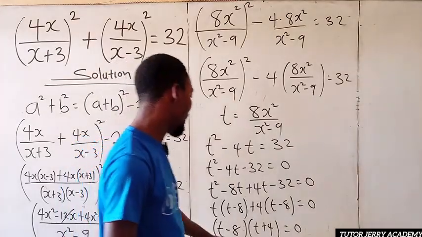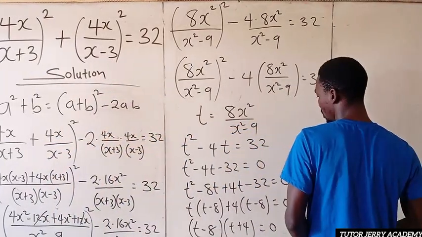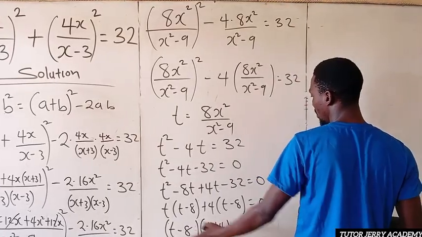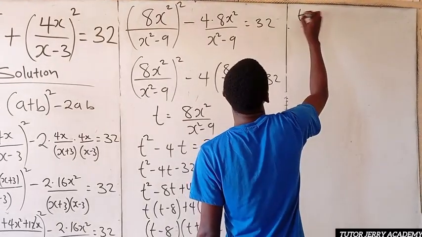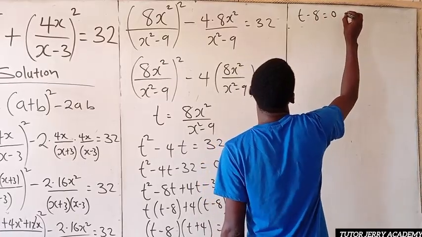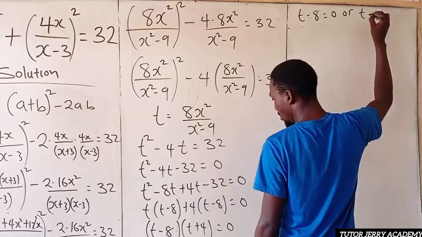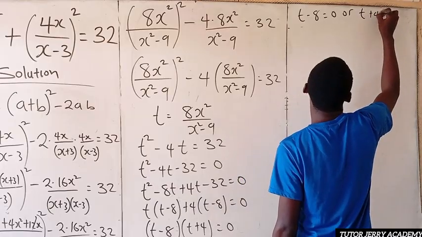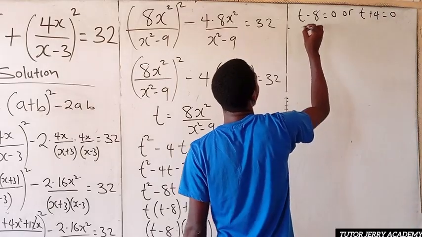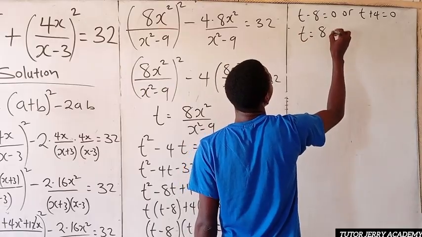So we can say that either t minus 8 equals 0 or t plus 4 equals 0, from the zero law. So t is either 8 or minus 4.